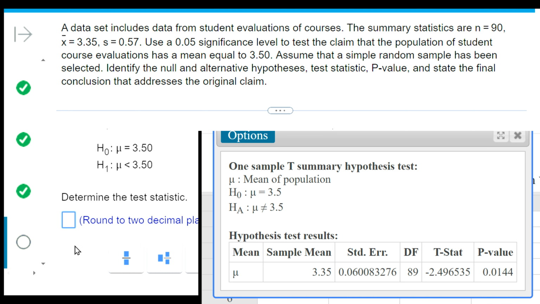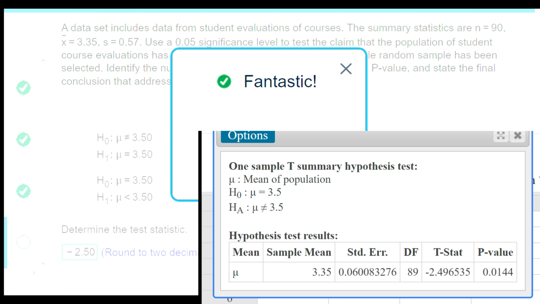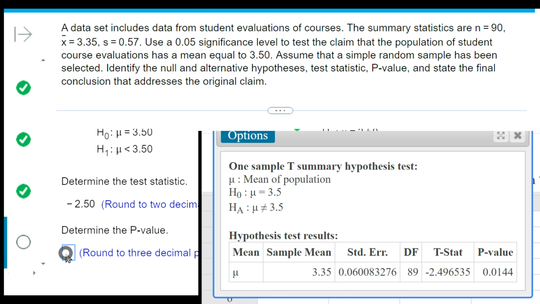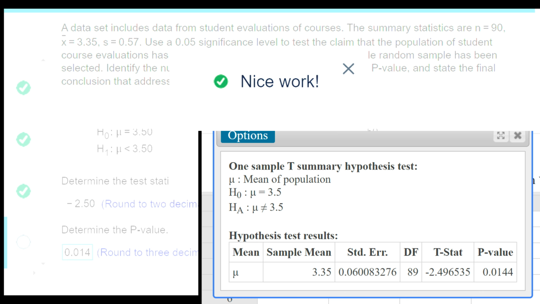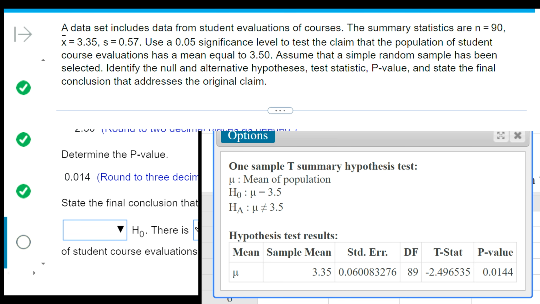The test statistic is minus 2.50, and the p-value to 3 decimal places is 0.014. Okay, that p-value is low.